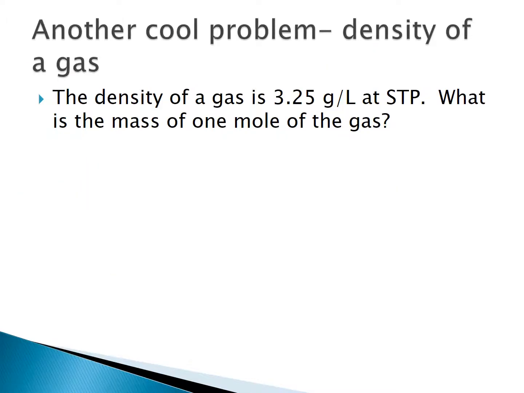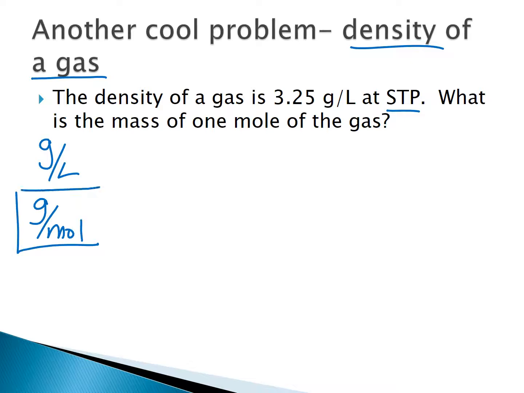All right, so density of a gas problem. So using the molar volume relationship at STP, we can calculate the molar mass of a gas if we know the density of the gas. Right? So we're given the density in grams per liter, and we know that molar mass is grams per mole. So this needs to be the unit of our answer.